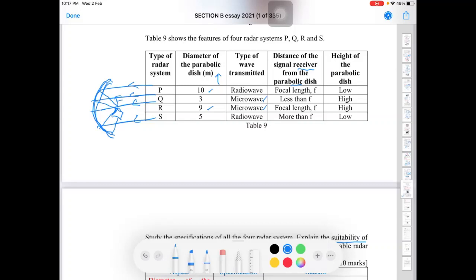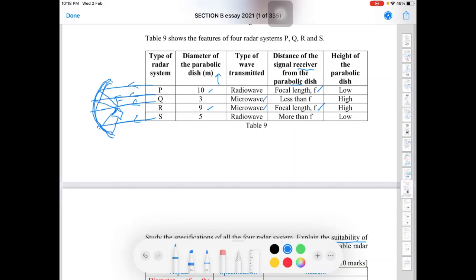Jadi receiver dekat astro tu perlu berada di on the focal point of the dish. Dish tu adalah concave kan. Jadi dia perlu ada dekat focal point. Barulah you akan dapat maximum signal will be reflected. Okay, so dia berada dekat focal point. Focal point maksudnya panjang dia focal length lah because the receiver ada atas focal point. Jadi dia adalah focal length lah.